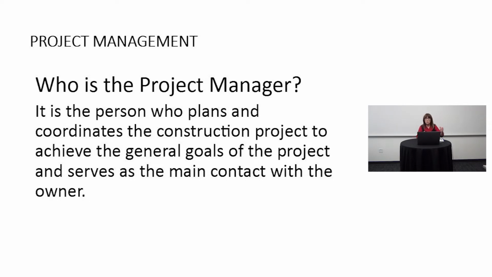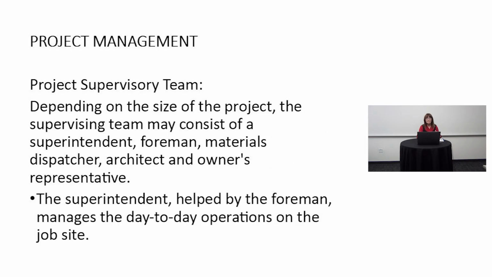Every company is organized a little differently. The project supervisory team. Depending on the size of the project, the supervising team might consist of a superintendent, a foreman, a material dispatcher, and an architect and owner's representative.